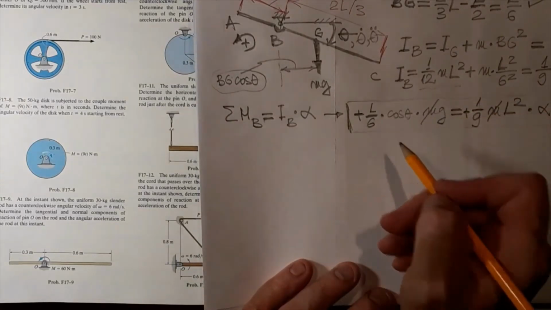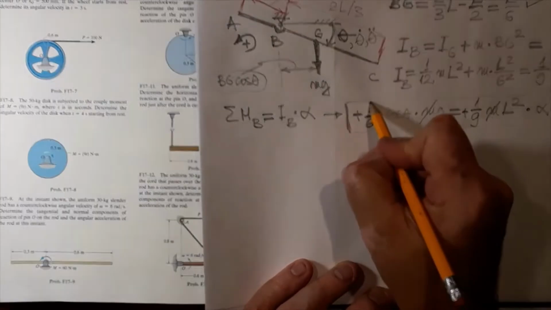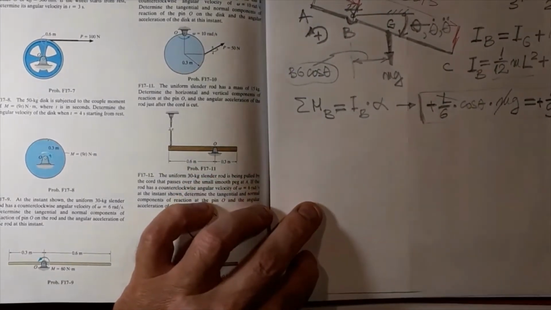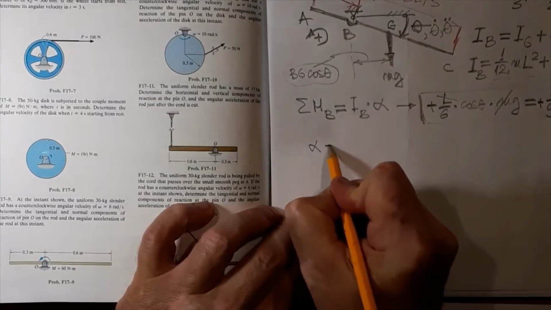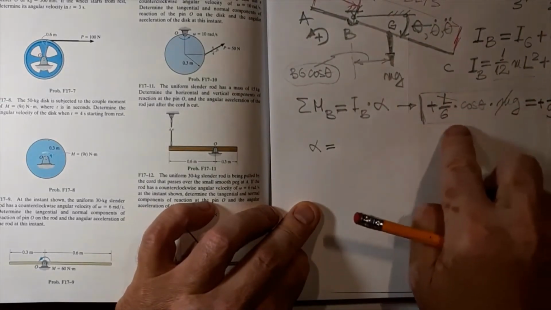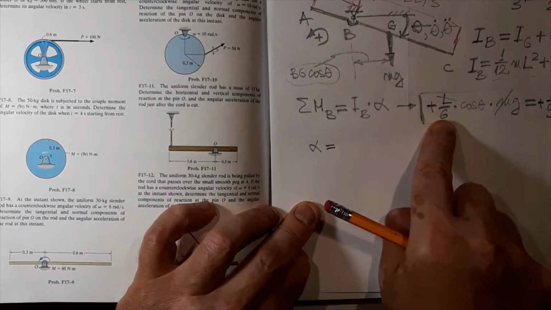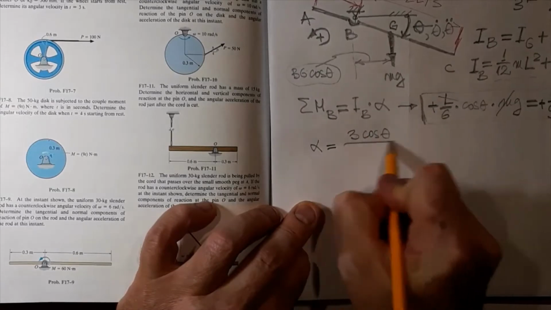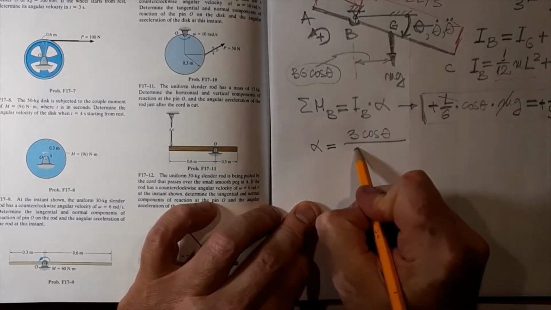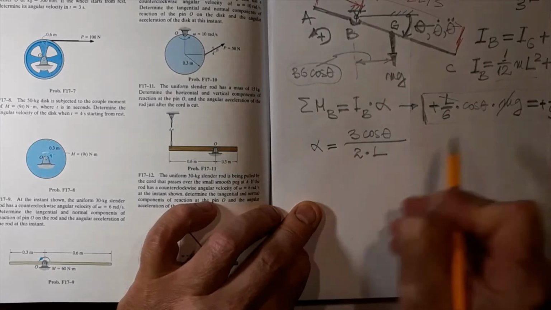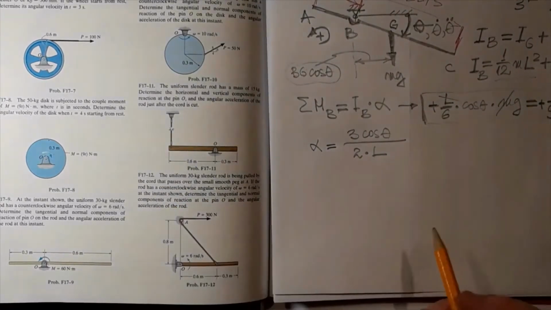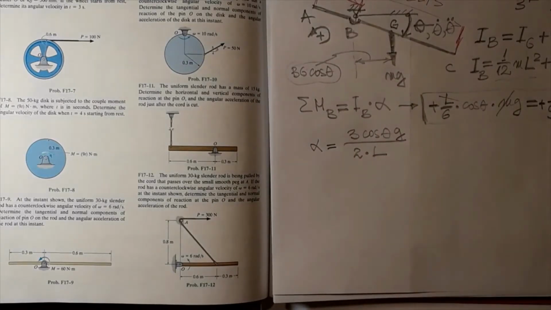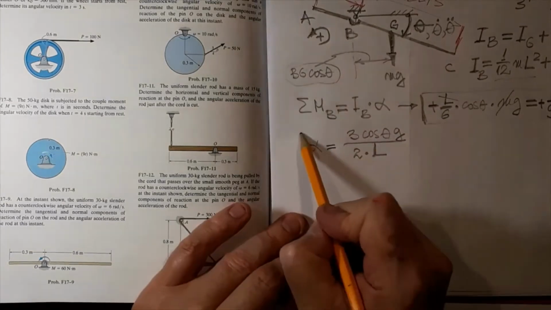I have the L that's coming out, since this was squared. So for the equation of motion, I get alpha from here, I multiply by 9, so it'll be 3 over 2, 3 cosine theta over 2 times L, because I'm also dividing by L. So alpha equals 3 cosine theta times g over 2L. So this is the equation of motion.